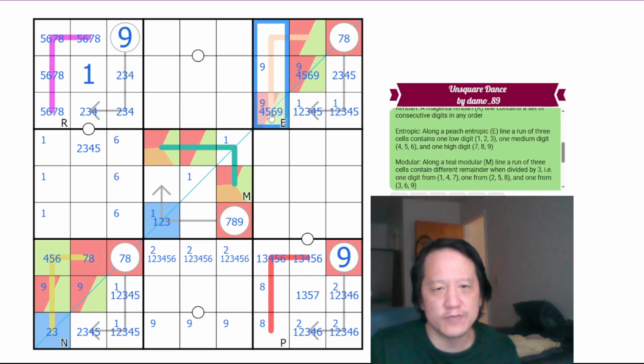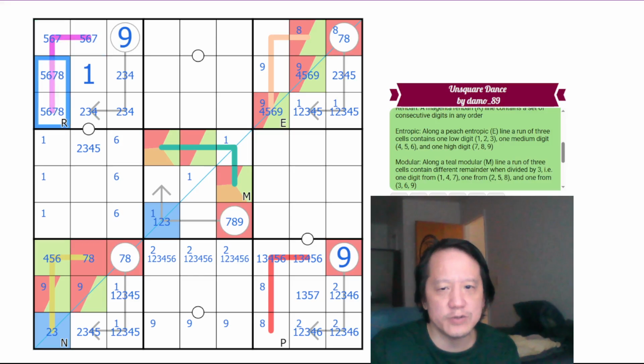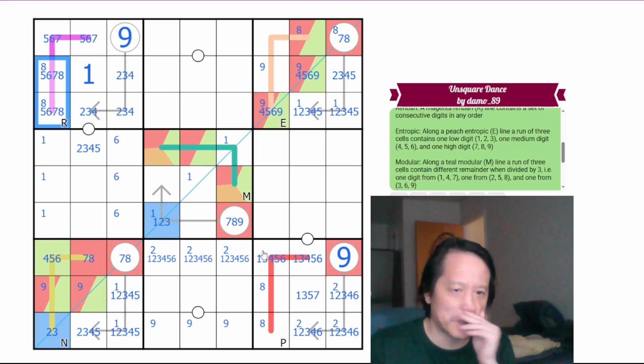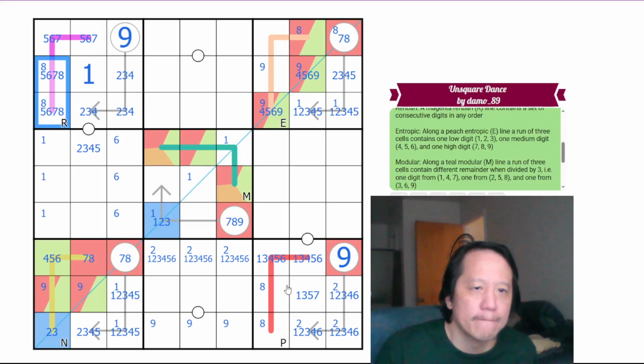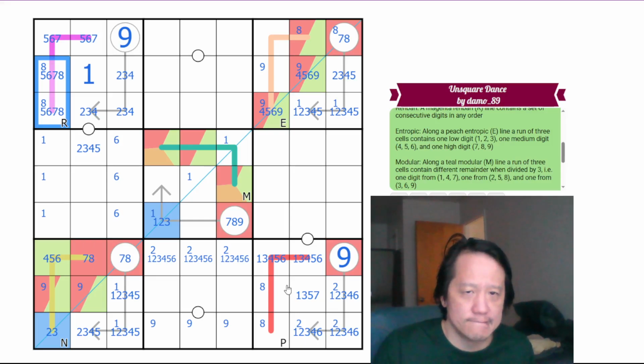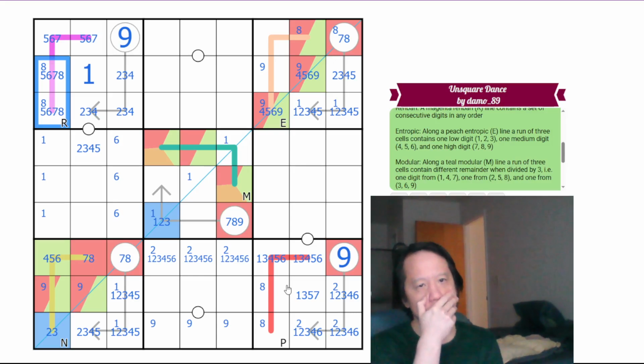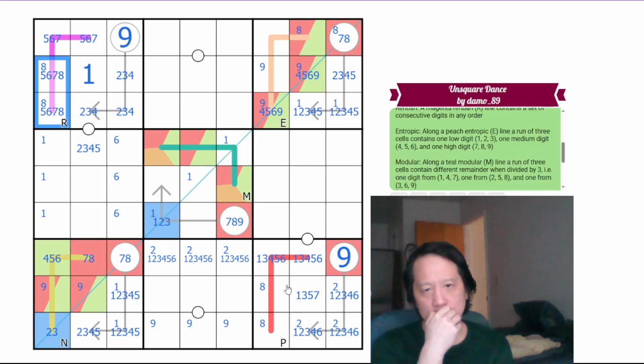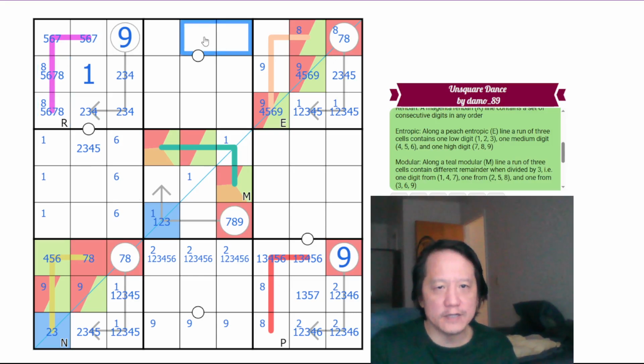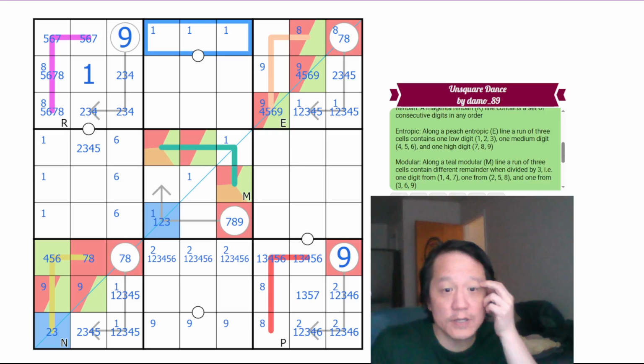That eliminates 8 from the rest of this column. So 8 has to be one of those two, which means this can't be 8, which means 8 has to be one of these 2 digits there. 1, again, has to be one of these 3 digits there.